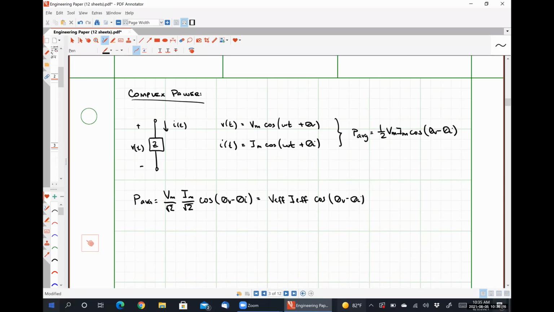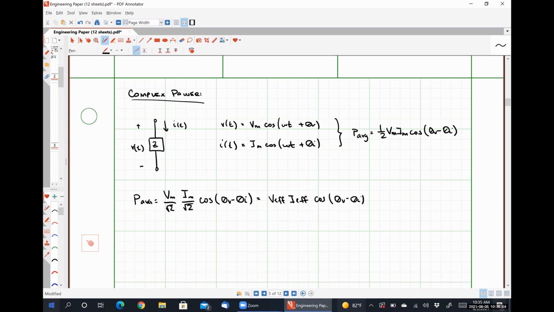So at the very least, what using the effective value does is get rid of that factor of 1/2 that we were having to carry around, right? So for a resistor, the average power would just be V effective times I effective, or V effective squared over R, or I effective squared times R. It gets us exactly back to our simple DC relationships for average power, okay?